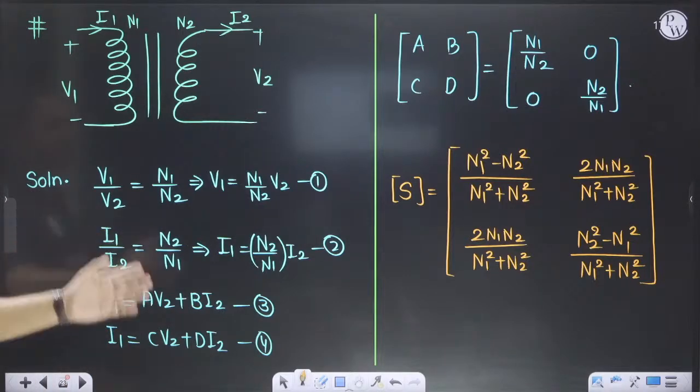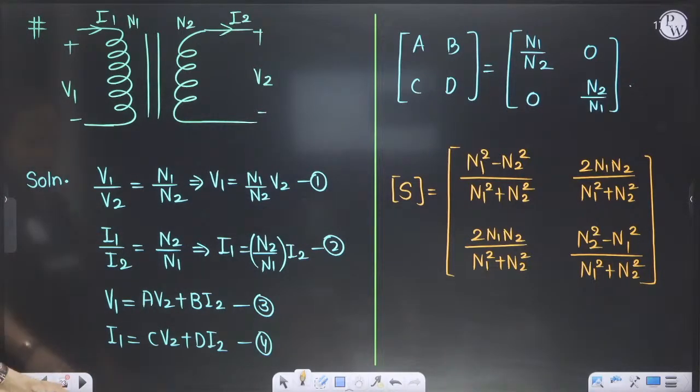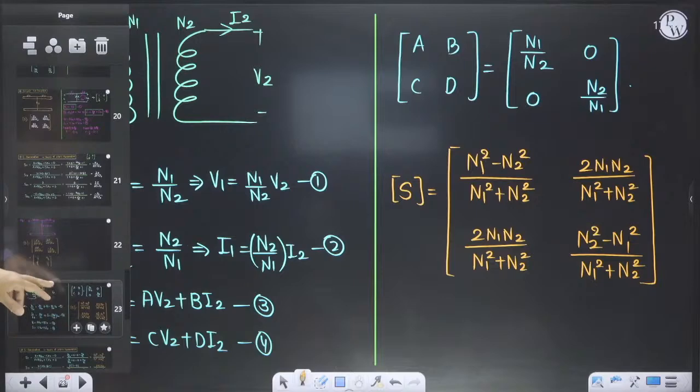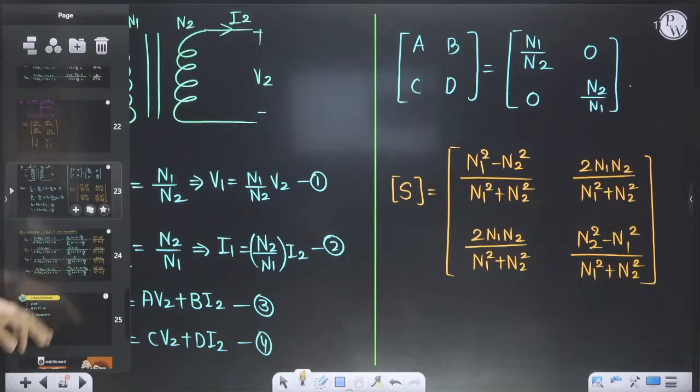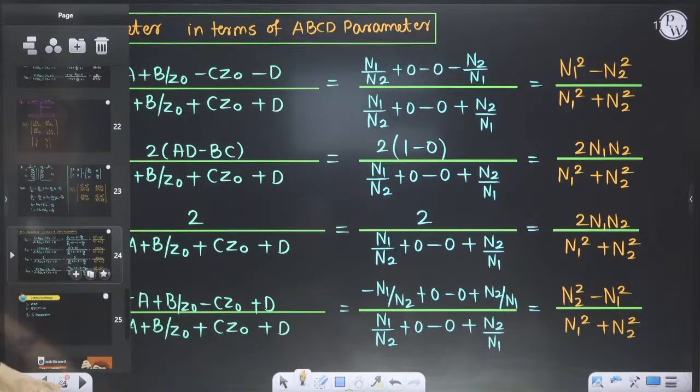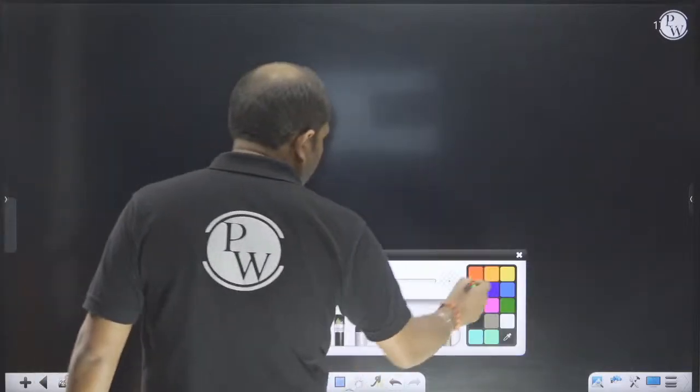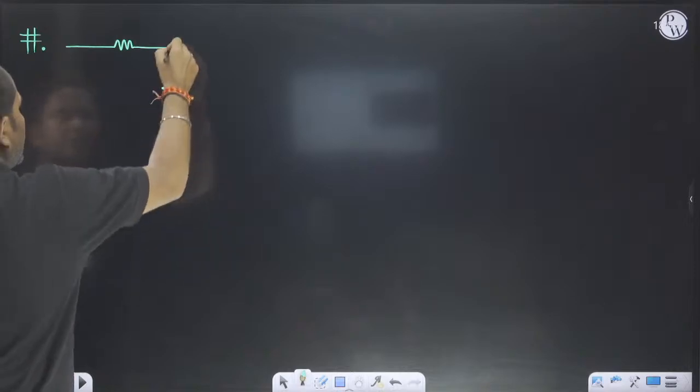So this is the S parameter for the transformer, the S parameter for the series network, and the S parameter for the shunt network. You have calculated everything. Then I will give some assignment. I will not discuss it in the class; you have to do it by yourself. What is the S parameter for this network?